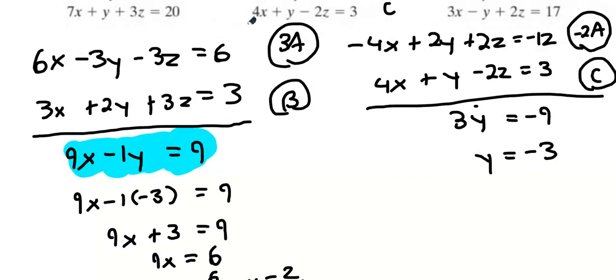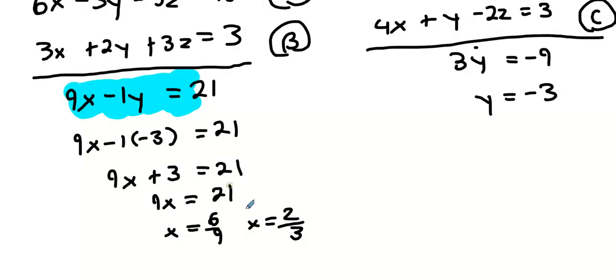Alright, sorry guys, this is 18, which in turn makes that 21, which in turn makes that 21. That's 21. 9 over 21, is that right?